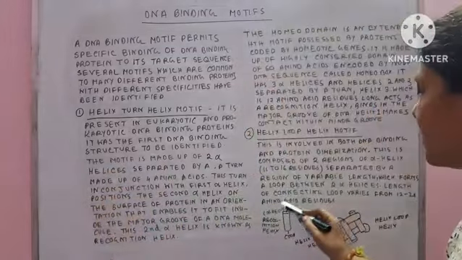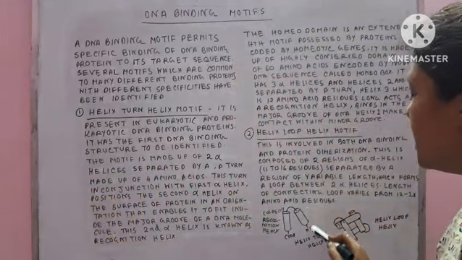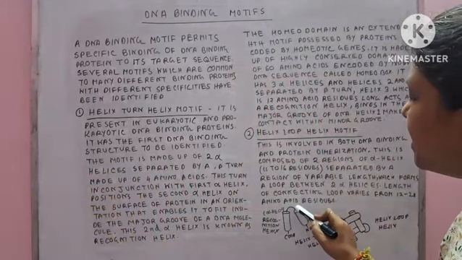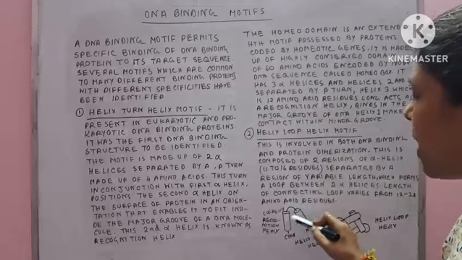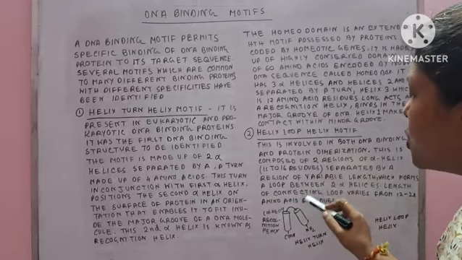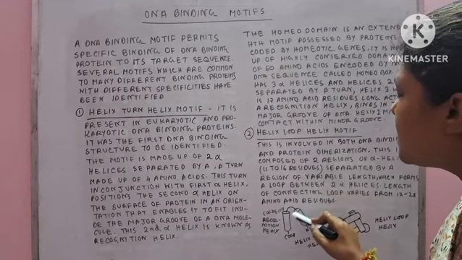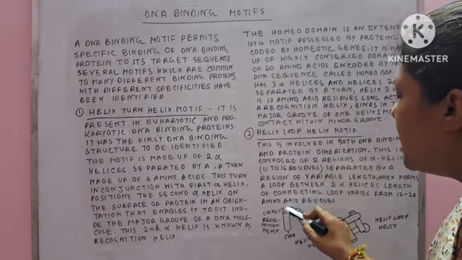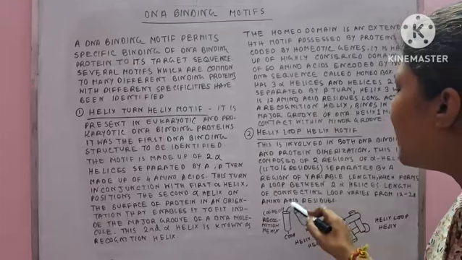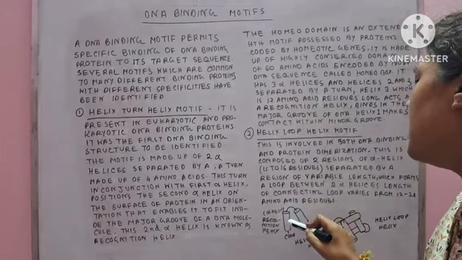This is the rough diagram of this helix turn helix. So this is the beta turn and these two are the helices. The first one and the second one are separated by this beta turn in such a way that they make a position and angle.